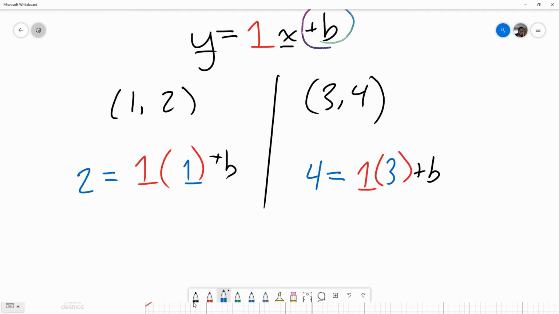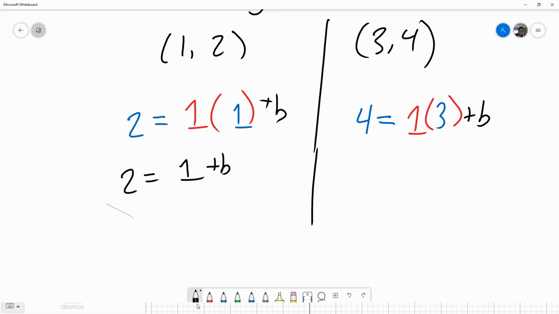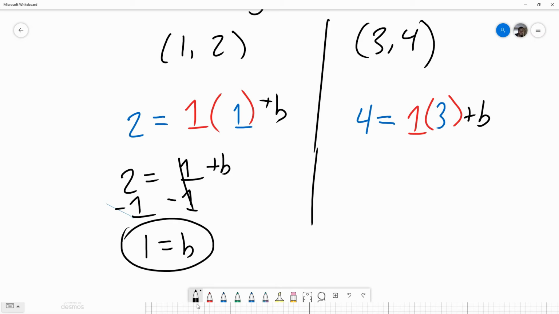No matter which one I solve, I should get the same exact number. So typically speaking, you could just pick and choose your favorite numbers that may or may not make your life easier. So I'll start with this side. I'll have 2 equals, well, 1 times 1 is just 1 plus b. Subtract 1 from both sides, and I have 1 equals my y-intercept.